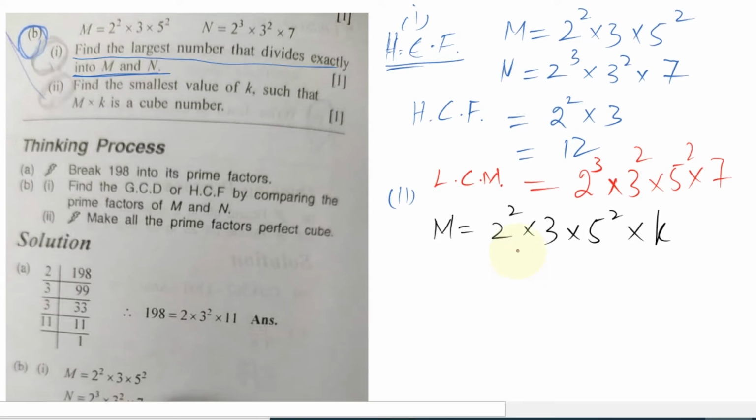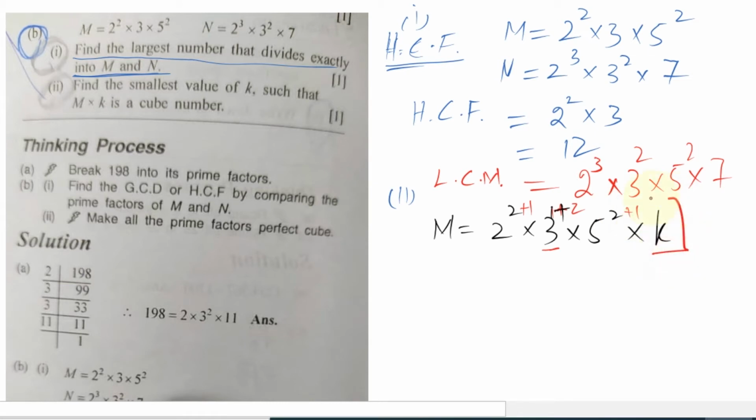Here we need one more 2. If it is multiplied by 2, it will become 2 cube. And 3 is there once already, so we need 2 more 3's. In case of 5, only one 5 is needed.